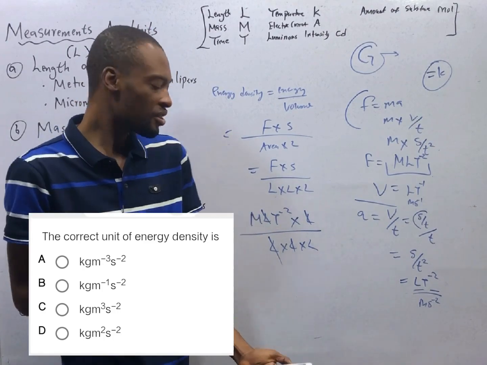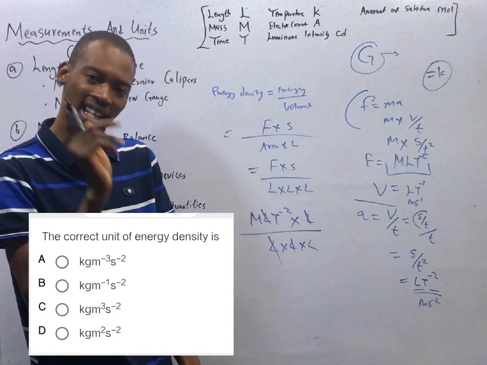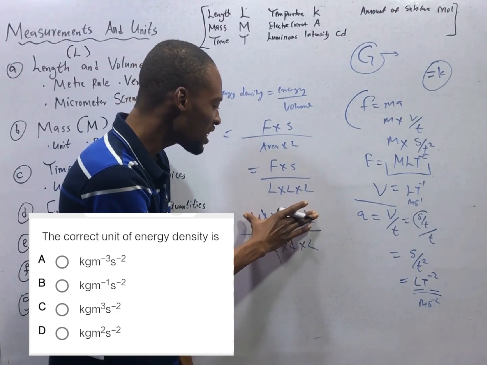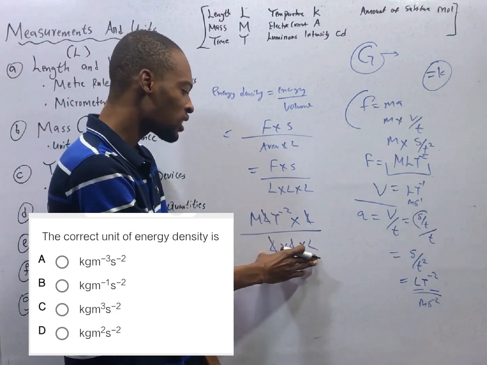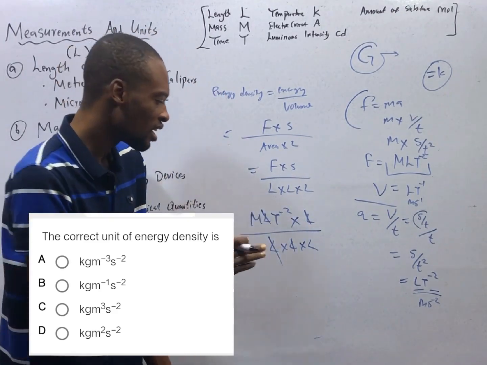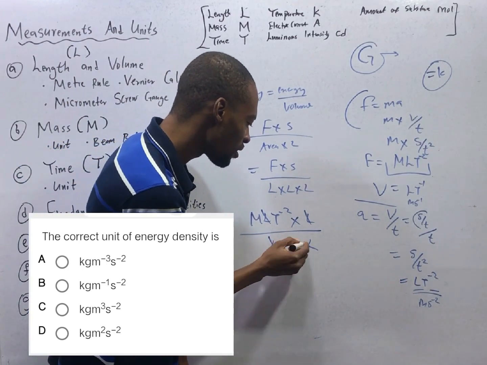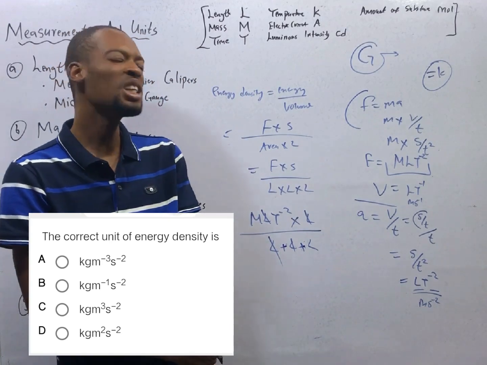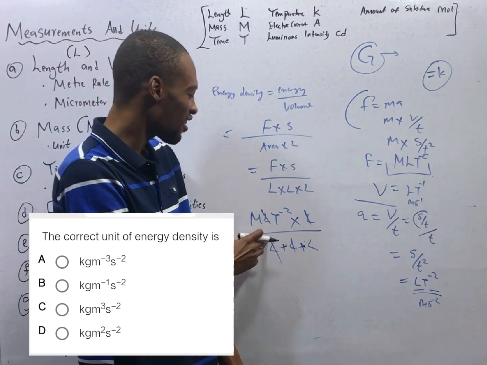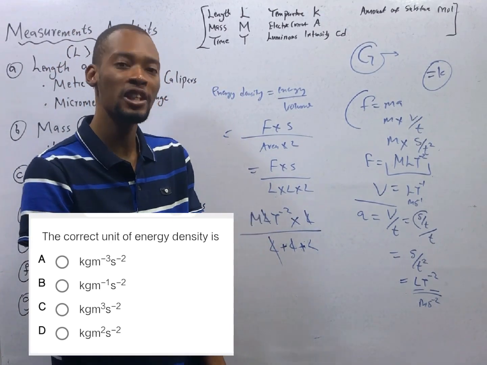Mind you, the reason we are able to cancel is that what is separating everything here is times. If here were to be plus and here were to be plus, you dare not say that L cancels L. It is forbidden.